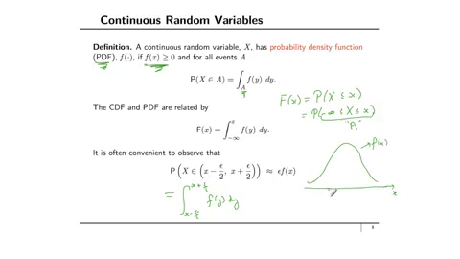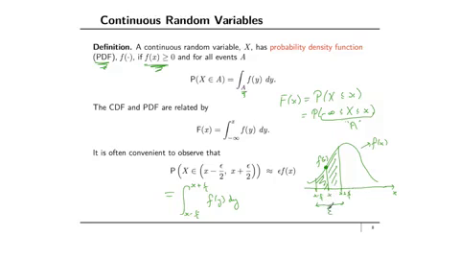Maybe we've got some point here which is little x, and this is x minus epsilon over 2. This is x plus epsilon over 2. So in fact, what we're saying is that the probability is this shaded area, and it's roughly equal to this value, which is f of x, times epsilon, which is the width of this interval here. Okay, and of course the approximation clearly works much better as epsilon gets very small.